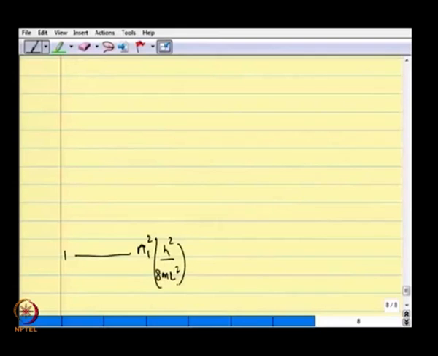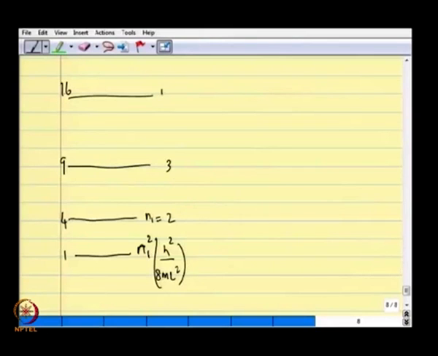This is the unit of energy. The second one, quantum number n equal to 2, is 4 times that energy, the third is 9 times the energy, the fourth is 16 times the energy, and so on.